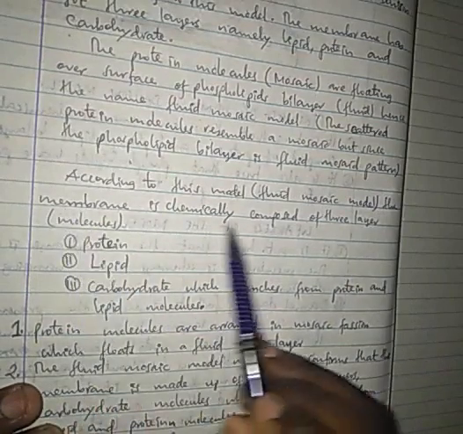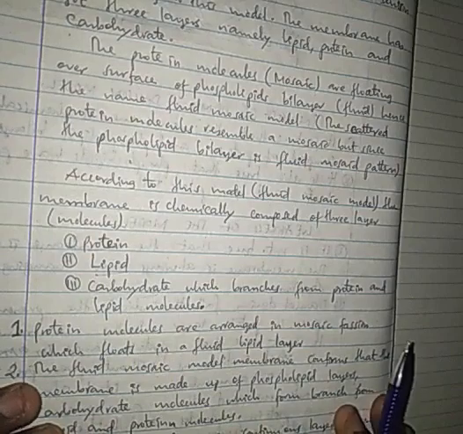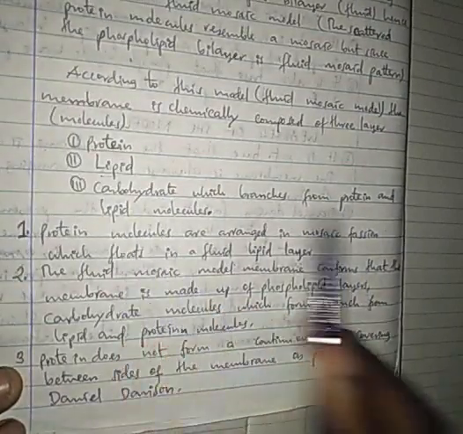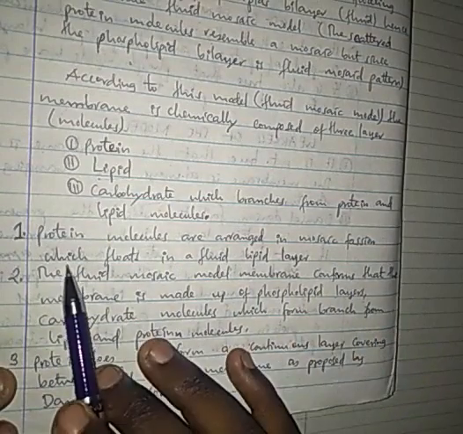According to the fluid mosaic model, the membrane is chemically composed of three layers: protein, lipid, and carbohydrate, which branches from protein and from lipid molecules. Protein molecules are arranged in a mosaic fashion, which float in a fluid barrier.